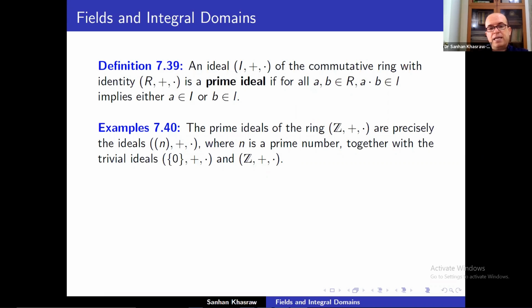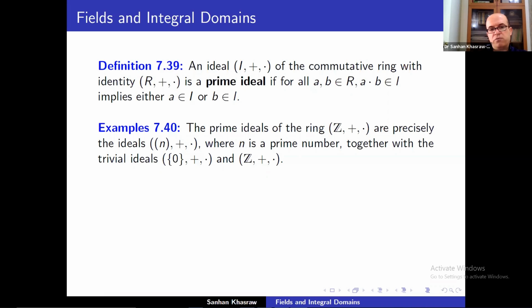If I take A times B in the zero ideal, then the only choice for A times B is 0. And our ring has no divisors of 0, so either A is 0 or B is 0. So it means A belongs to the 0 set or B belongs to the 0 set. Then the 0 set is a prime ideal.